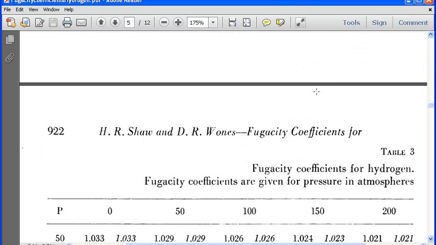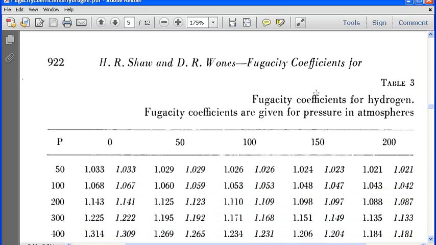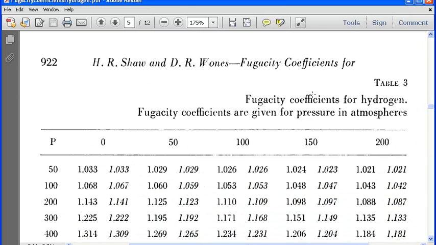Here's some data. Fugacity coefficients for hydrogen gas, as a function of pressure and various temperatures. Temperature is in degrees C, and pressure is in atmospheres, while the ones in italics are for pressure in bar.